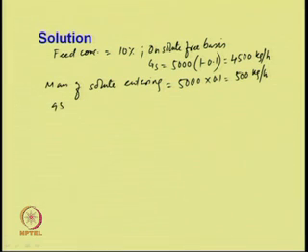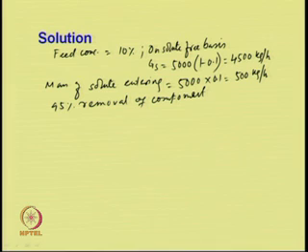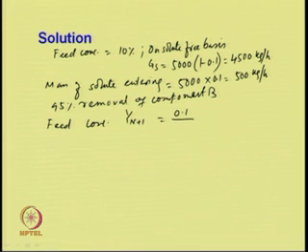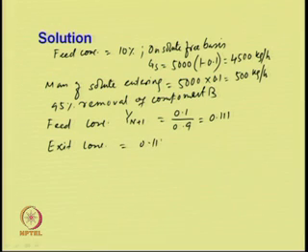and 95% removal of component B. So, feed concentration yn plus 1 will be 0.1 divided by 0.9, which is 0.111, and exit concentration would be 0.111 minus 0.111 into 0.95, which is equal to 0.006.